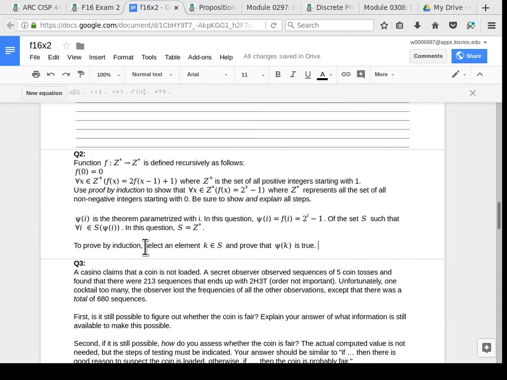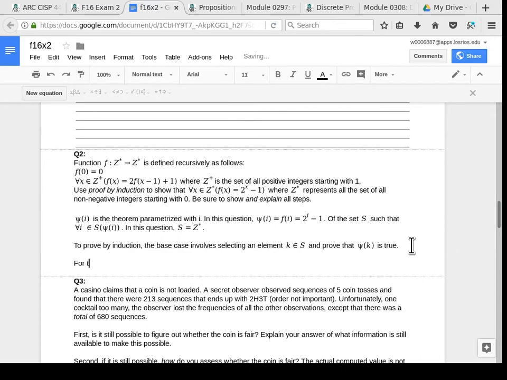To prove the base case involves selecting an element k such that this is true. So for this question, we select k being 0, because by definition, f(0) is 0, which is also the same thing as 2 to the power of 0.